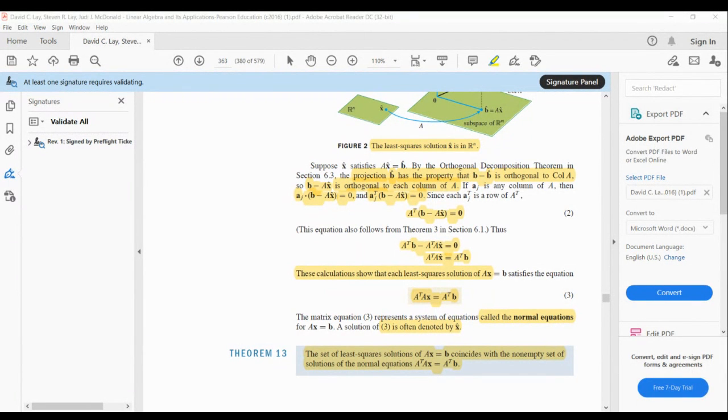Are there any questions on that? So now we know how to find the least squares solutions.